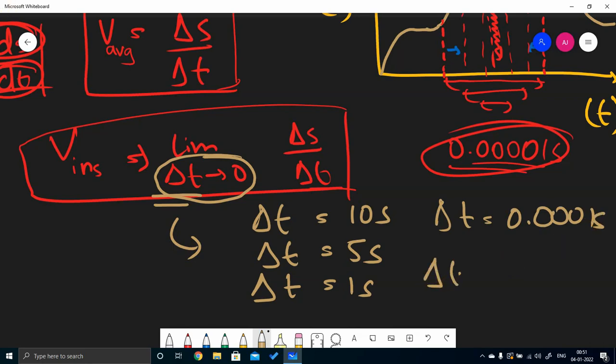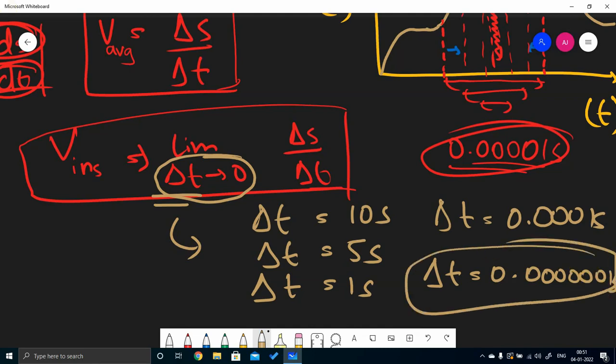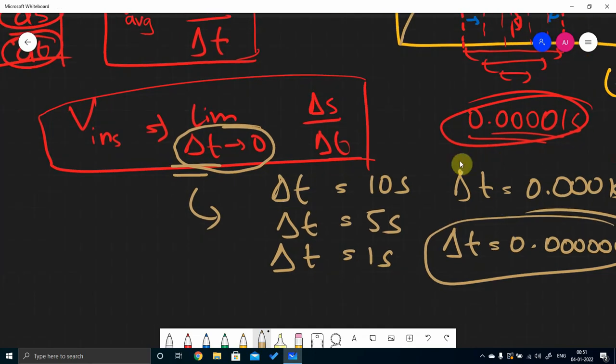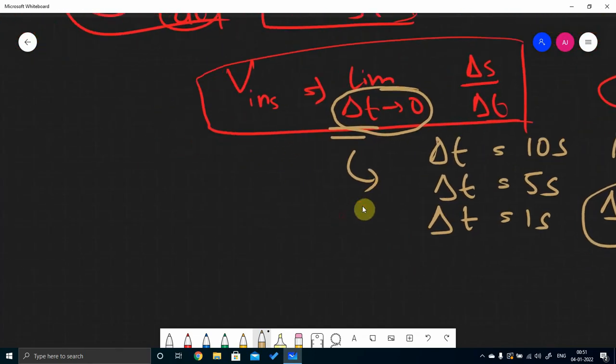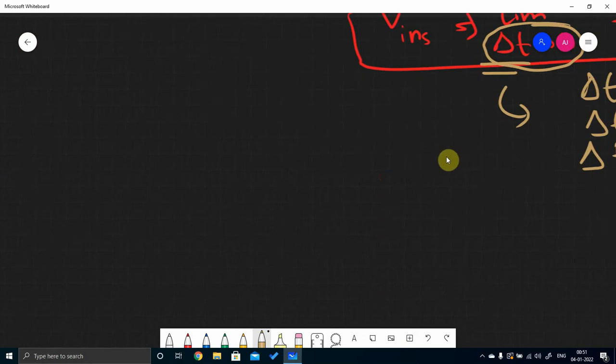And then delta t equal to 0.0000001 second. So basically when we are reaching a point where it's almost equal to zero, when it's tending to zero, then at that particular point the average velocity becomes the instantaneous velocity, and that is what we have signified over here. So instantaneous velocity you can write in two ways.